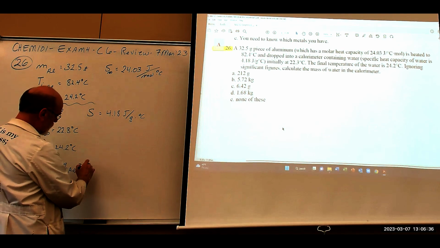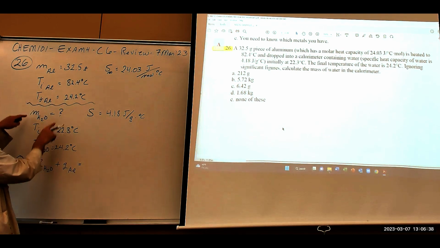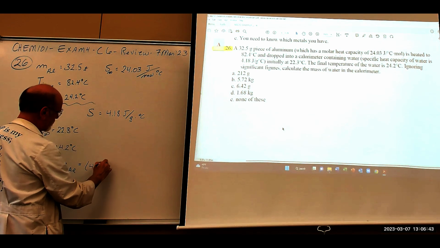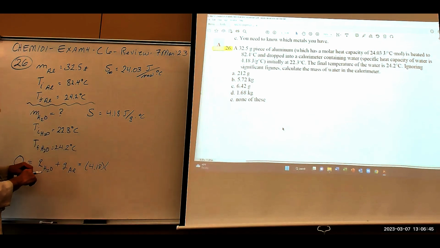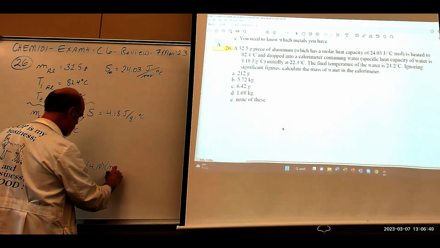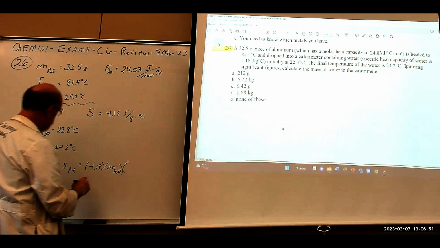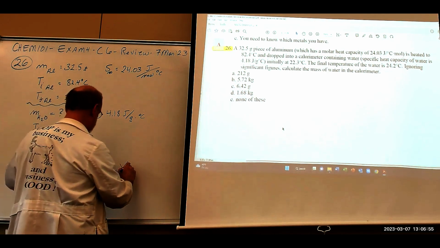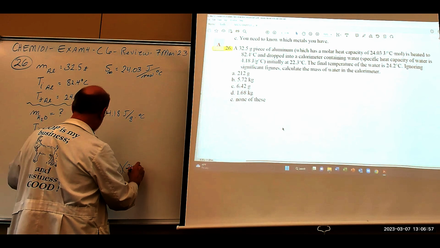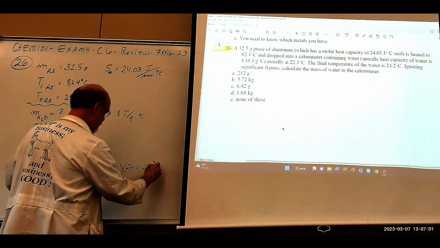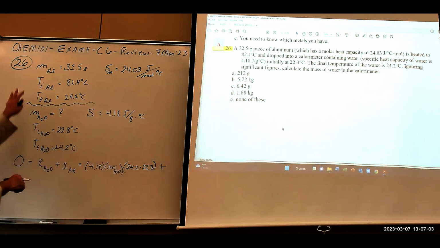And the heat for the water is going to be the specific heat of water times the mass of the water, which we don't know, times the change in temperature. So the final temperature of water is 24.2 minus the initial 22.3. Then we're going to add whatever the aluminum does.